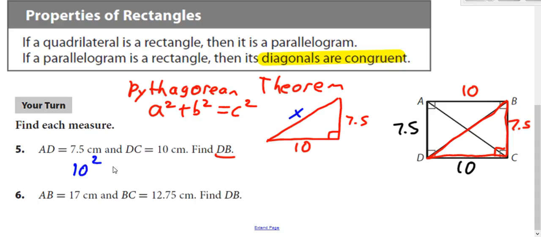10 squared plus 7.5 squared equals x squared. So 10 squared is 100. 7.5 squared is 56.25.